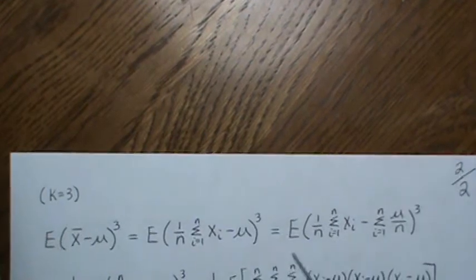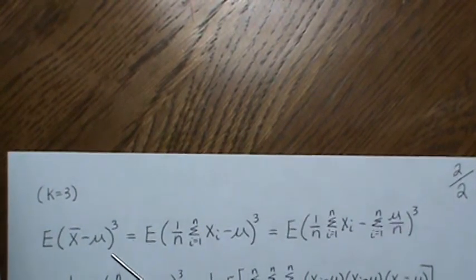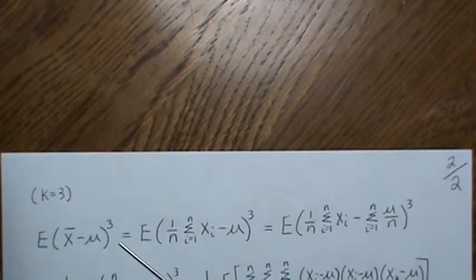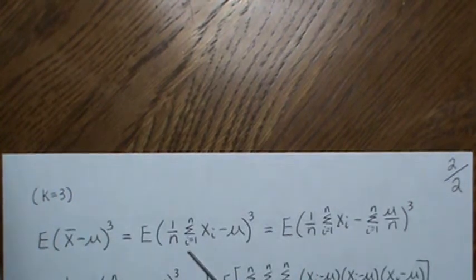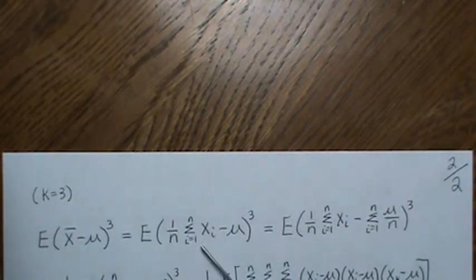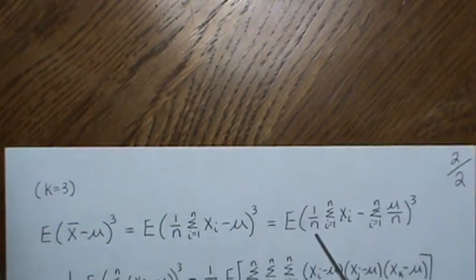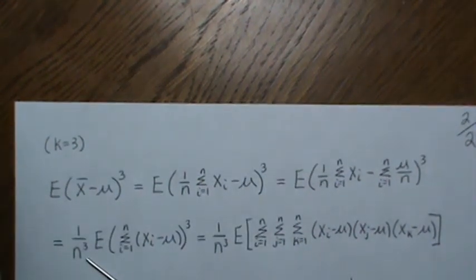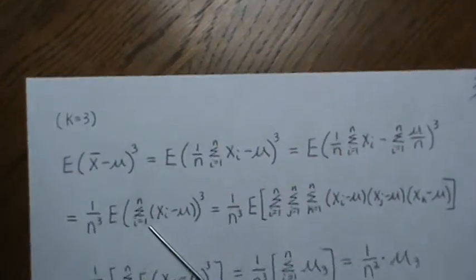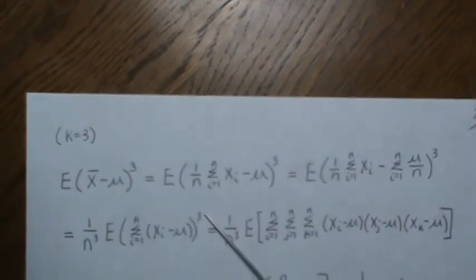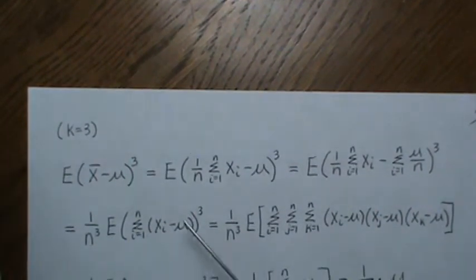So let's look at the third moment, and I rewrite x bar to this, and then I rewrite mu to be a sum, and so I can take out the cubed and get n cubed, and then we're left with the expected value of this sum cubed.